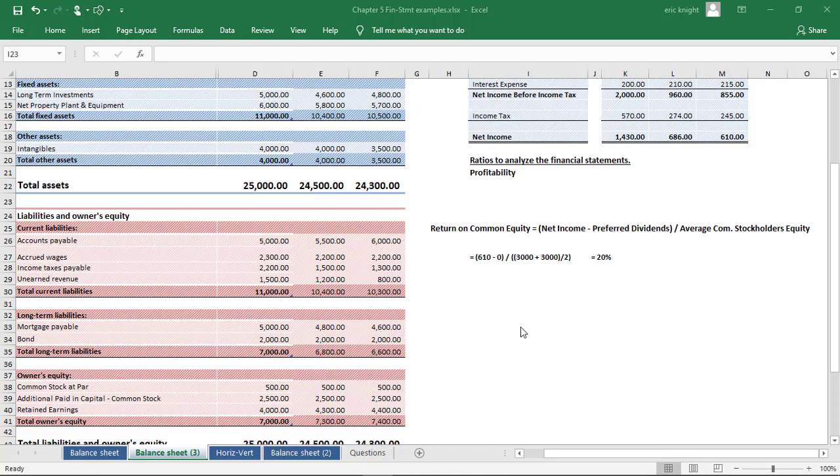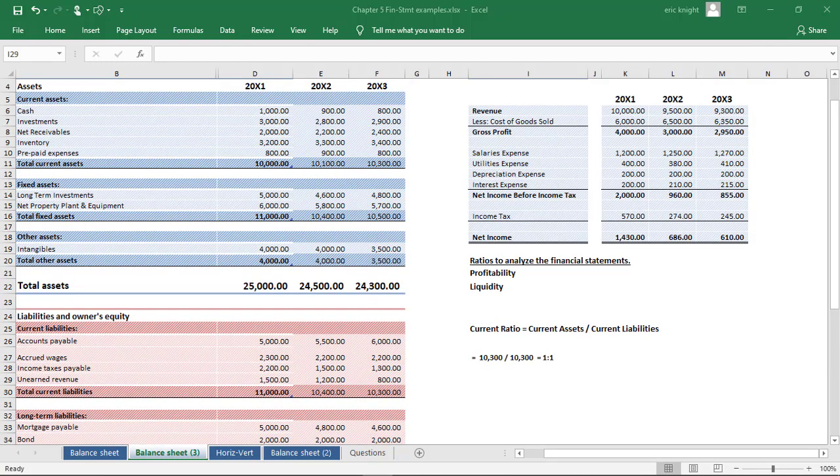If you were an equity investor, meaning an investor who was an owner, you have a 20% return. This profitability ratio helps us get a feel for the performance from the perspective of the owners and not necessarily from the creditors. Creditors loan money. Equity investors are owners in the organization through stock.